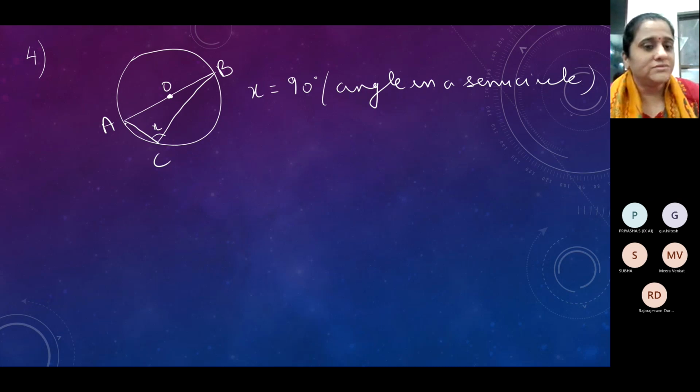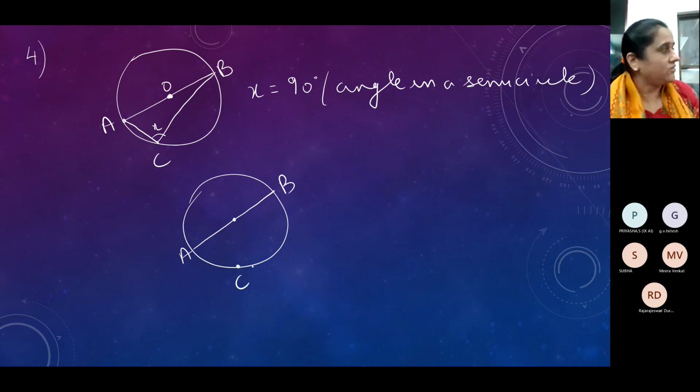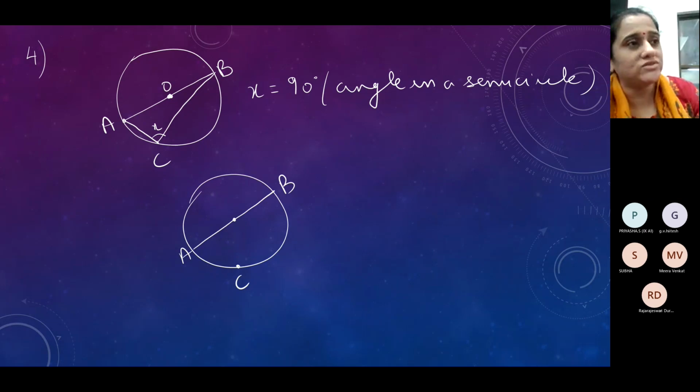The diameter subtends an angle on the circumference. Let me explain that. See here, AB is the diameter because it passes through O. C is the point on the circumference. Now join the ends of the diameter to the point C on the circumference.